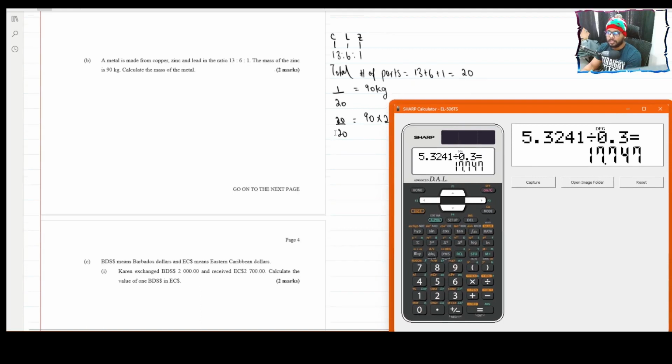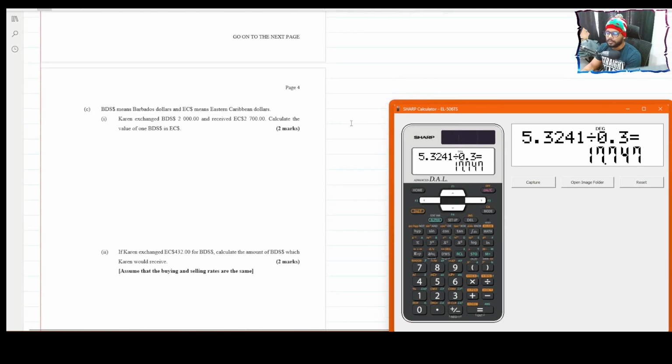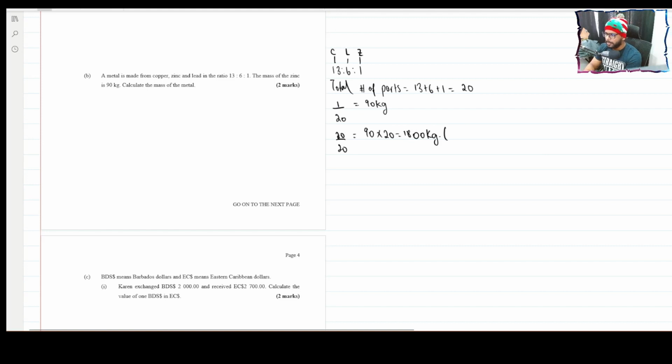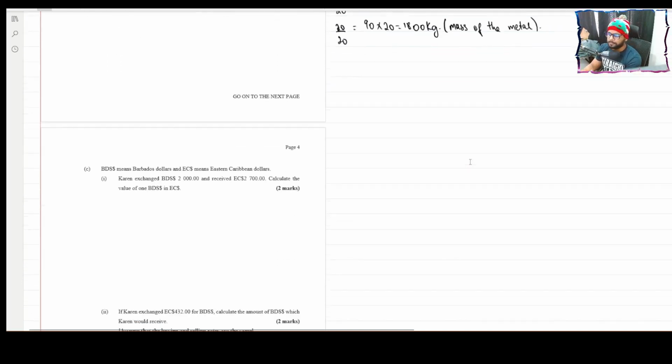And that's number 2 done and dusted. What you can say here, you could say mass of the metal. Some of you like to write answer equals, and that is no problem. I tend to stray away from that because the last line of your working should reflect your answer.